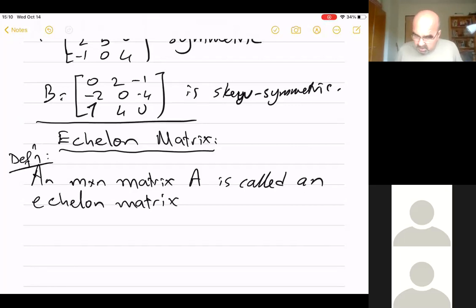If the first entry, if it is in this form, like this.